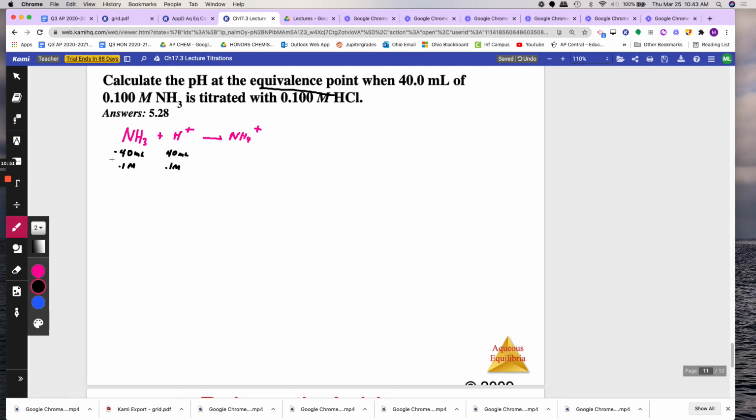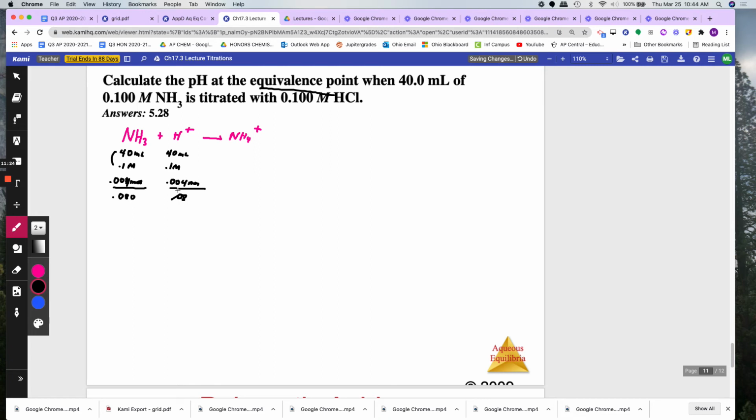So when I multiply these, I'm going to get moles. I got 0.004 moles, which is the same as this, 0.004 moles. Divide both of them by 40 plus 40, which is 80, so 0.08 liters. I'm not going to do sig figs, it's just too much to write.